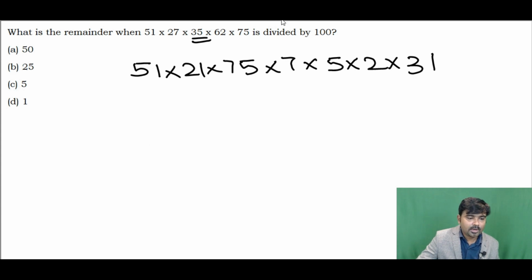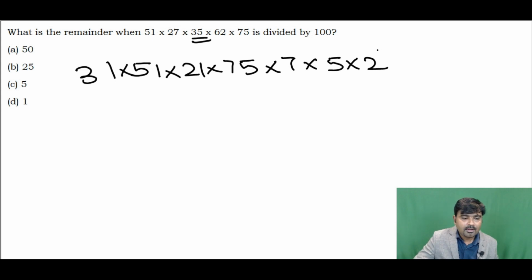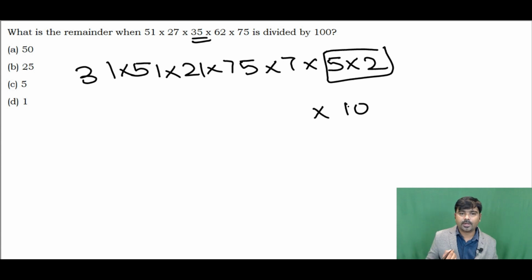Instead of writing 31 here, I'll write 1. Is there any change? No. Okay, 5 into 2, how much? 10 into 10, right? Next, the remaining values: 7 into 5 is 35, into 1 into 1 into 1.